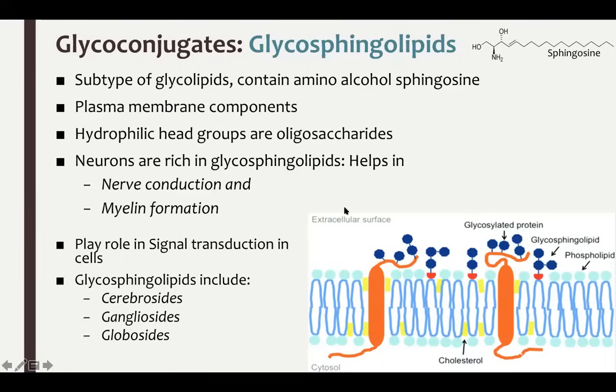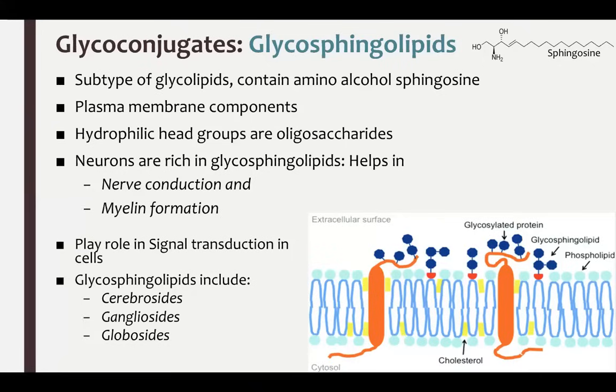They are mainly found in the neurons, and they are involved in nerve conduction. Some of you will learn about the action potential. Like if someone punches you, or someone just touches you, you will get that sensation via nerve conduction.